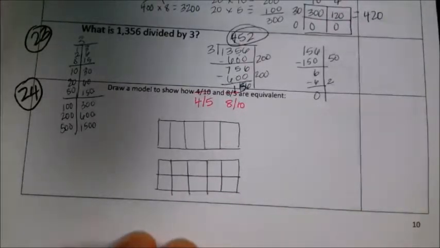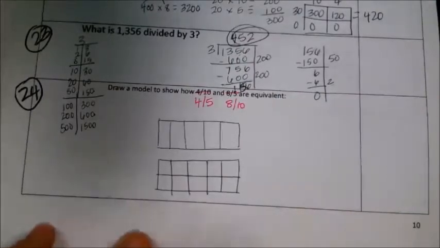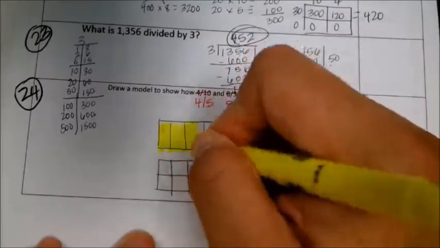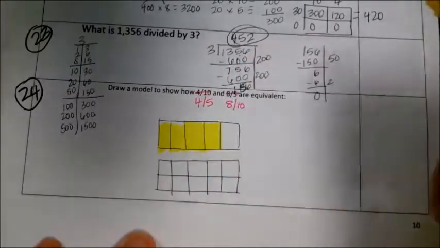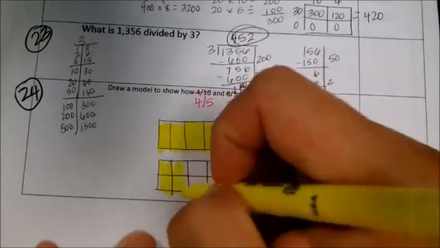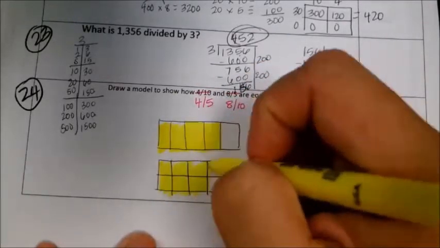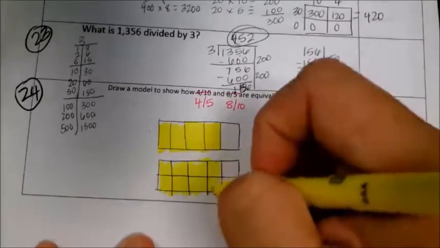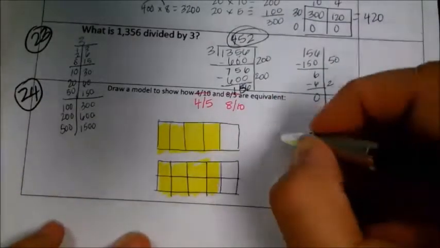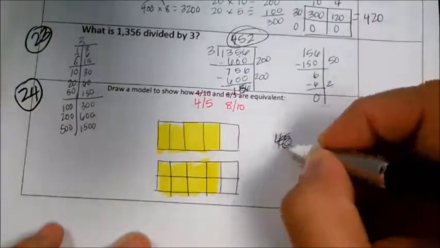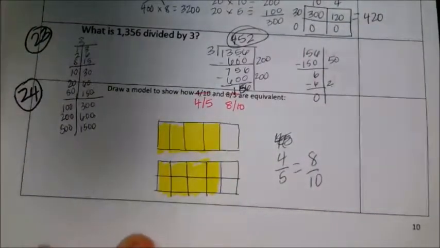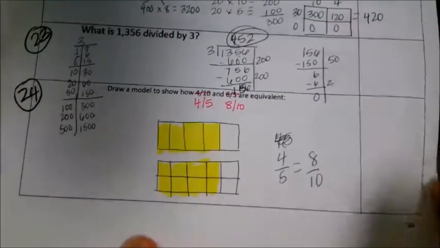To shade in 4/5, I'm actually going to pull out a highlighter so you guys can see a little bit better. So 4/5 takes me here. 8/10 takes me there. And so when you do that, you show that 4/5 is equivalent to 8/10.